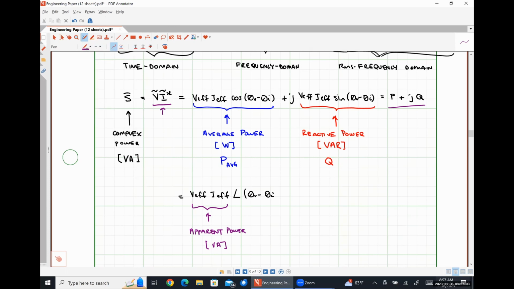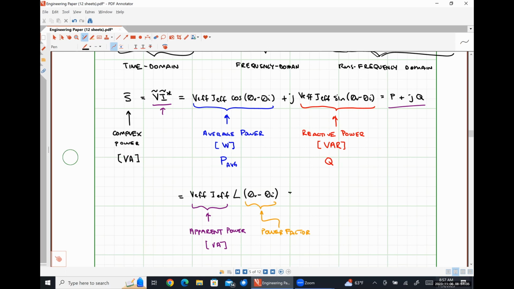This quantity, theta V minus theta I, also has a special name. This is what's known as your power factor angle. We'll talk about power factor a little bit today and in a lot of depth on Wednesday. It's an angle, so its unit is just degrees or radians, whatever's convenient.